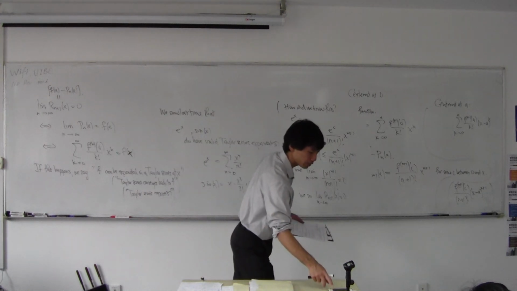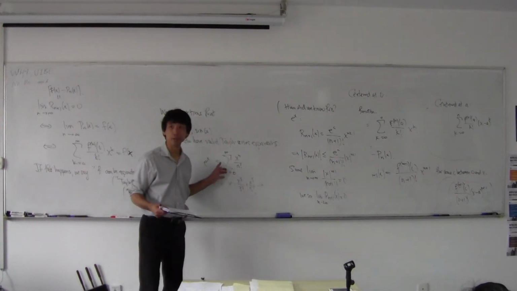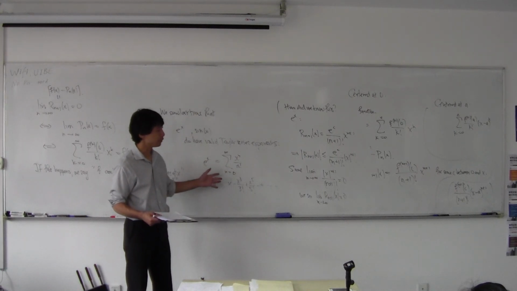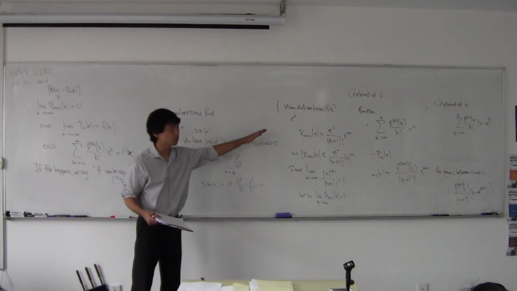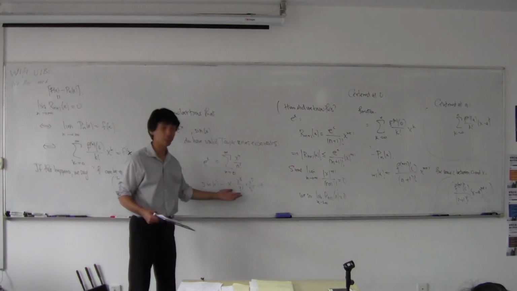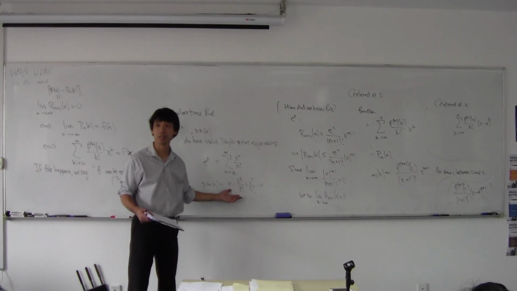And we also did that for the sine function. We did a similar game with the error and said, oh look, the error goes to 0, so the sine function does have a valid Taylor expansion.